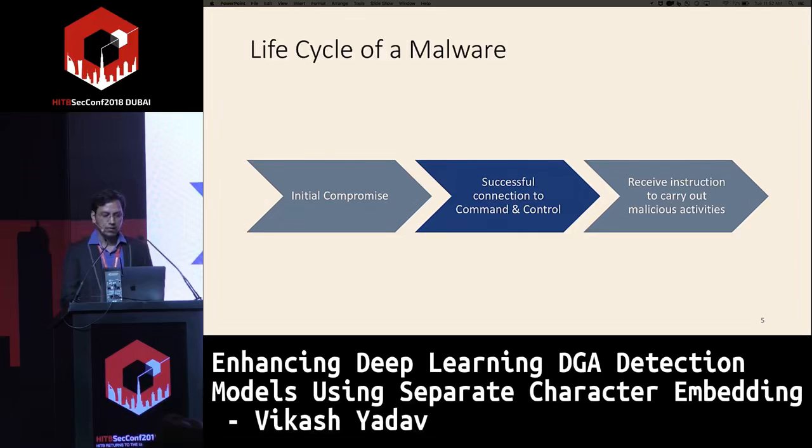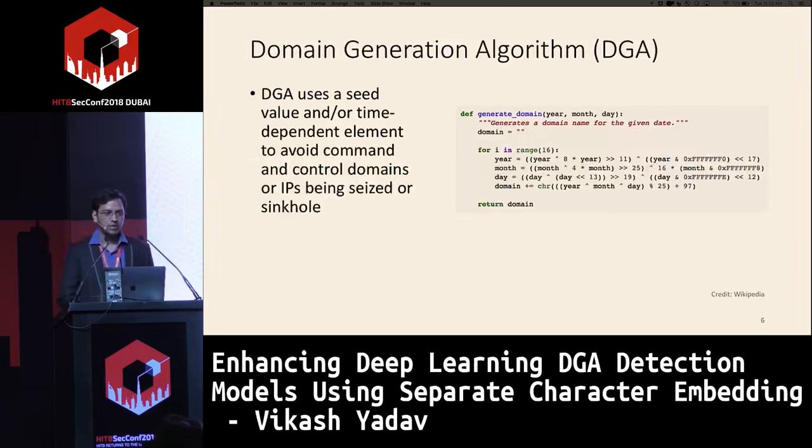But modern malwares are much smarter than that. Instead of using a hard-coded IP address, they use what we call a domain generation algorithm, or DGA. DGAs are small programs that take a seed and/or a time-dependent element and generate a lot of domains.